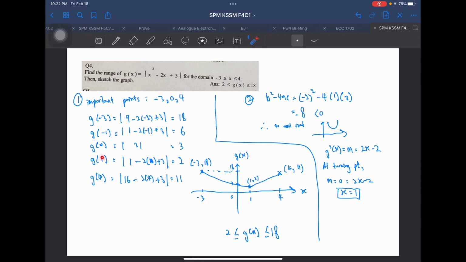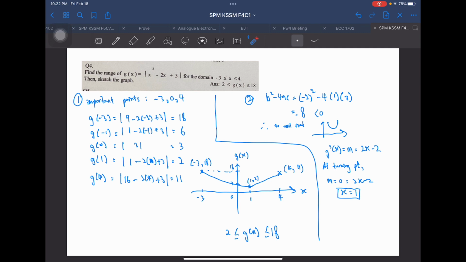You just substitute the values -3, -1, 0, 1 and 4 into this function and find the corresponding values. Then you will roughly know the graph pattern. Since this is a quadratic graph, it is something like a smiling face.